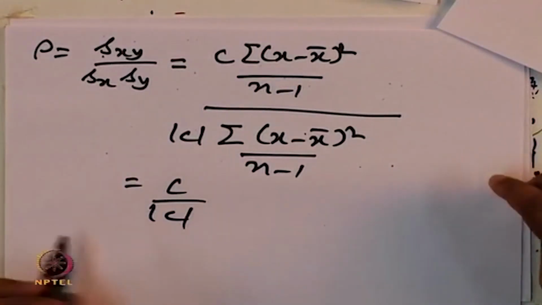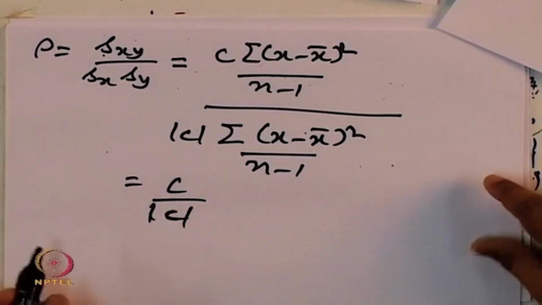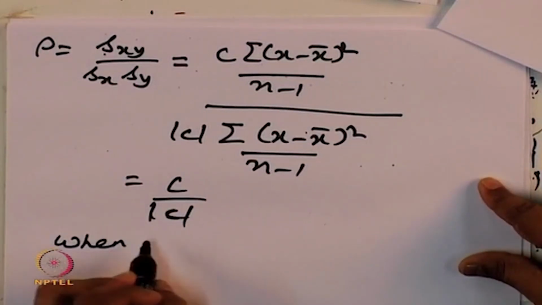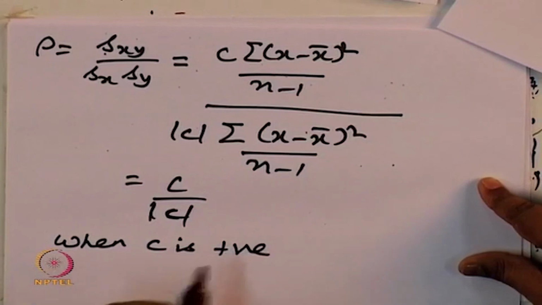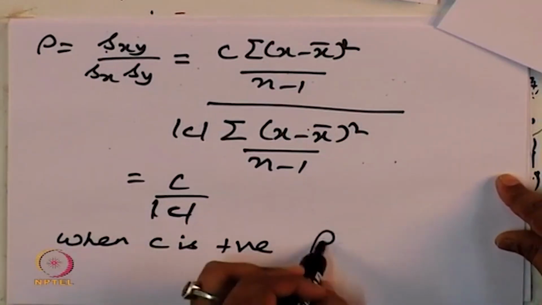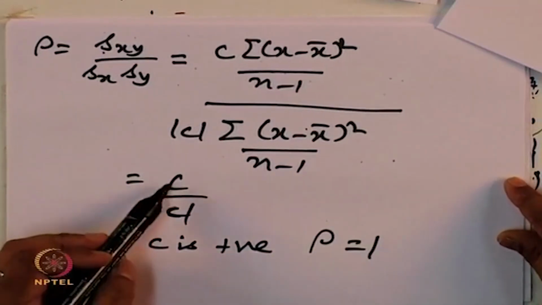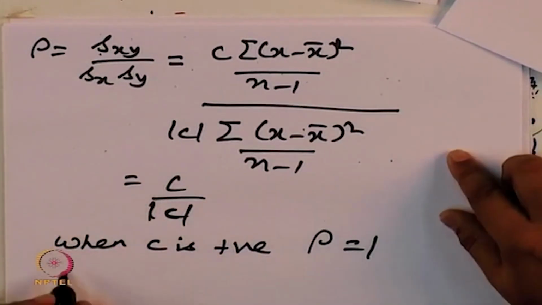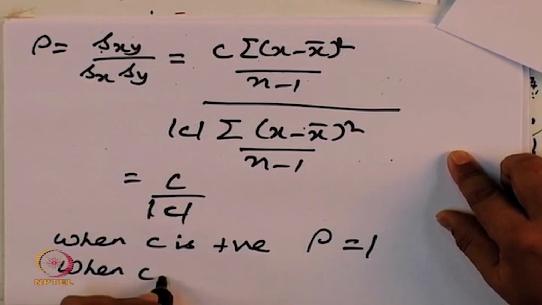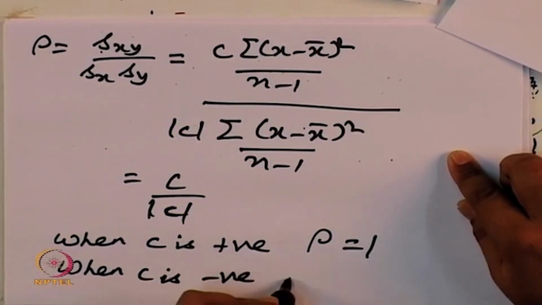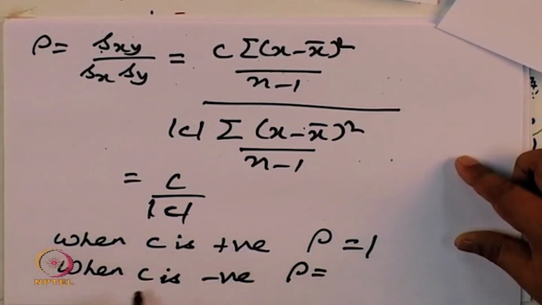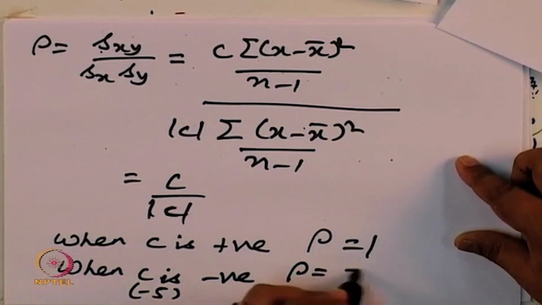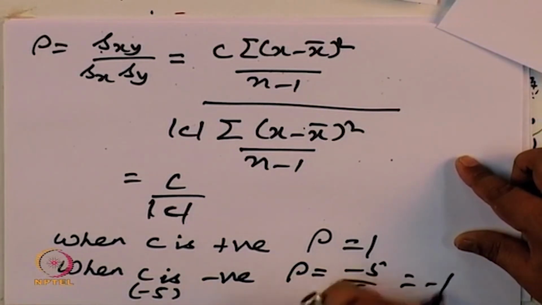Okay. So, when you see, when c is positive, I can clearly see rho is going to be 1. So, if let us say c is 5, then 5 by mod 5 is simply equal to 1. When c is negative, rho is going to be, let us say for example, minus 5 by 5 equal to minus 1.